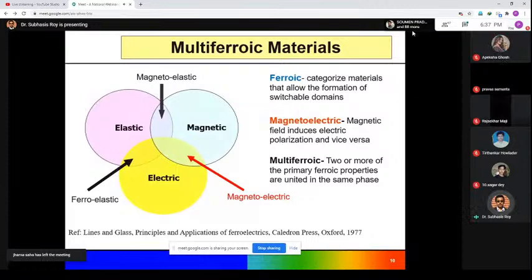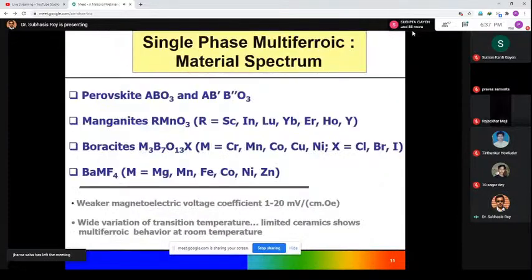So why is it important? Because if one material has these two properties, it can be applicable for a memory device for read and write. If it is written electrically and read magnetically, then the power consumption will be very low. Nowadays, the hard disks available in computers are magnetically made, so they consume high power.